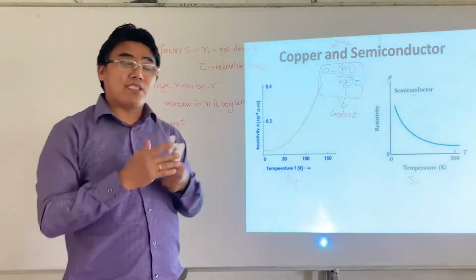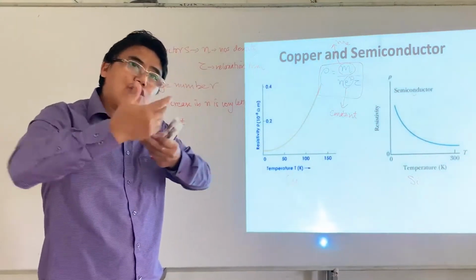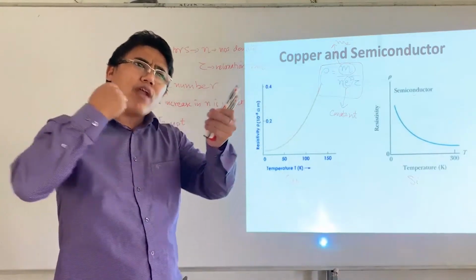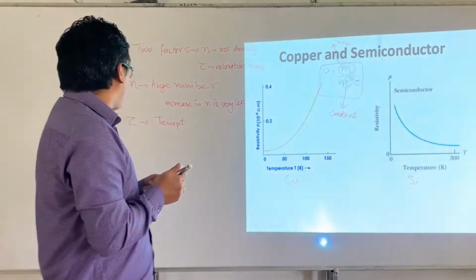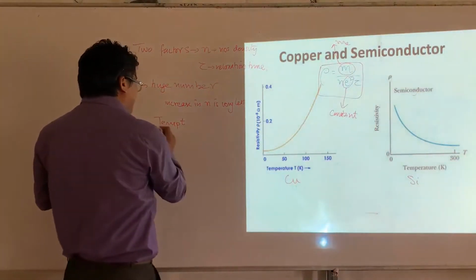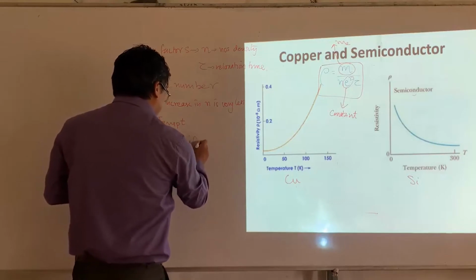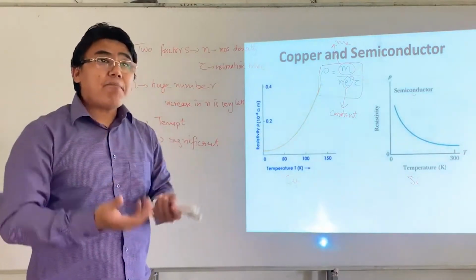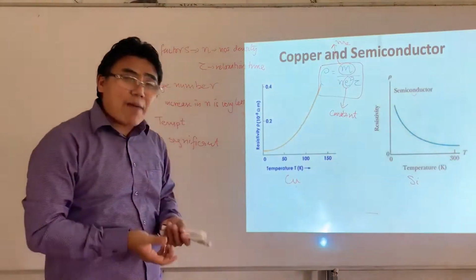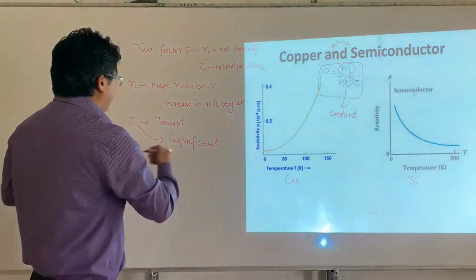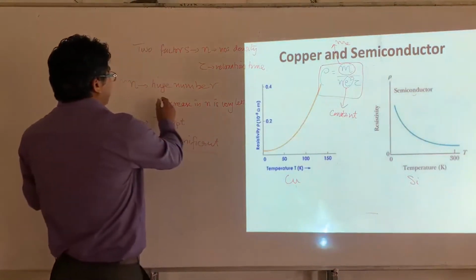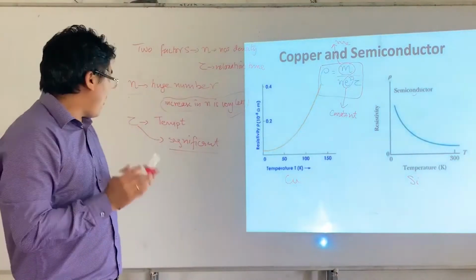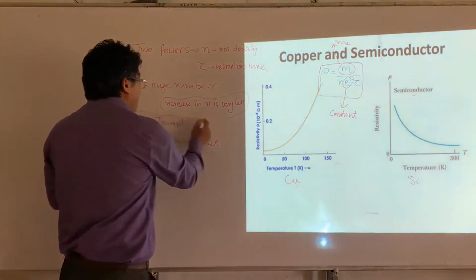When I increase the temperature, electrons start moving very fast and colliding with the atoms and ions. That means the change in the time between collisions, the relaxation time, is very significant. There is a little increase in number density, but so much change in the relaxation time.